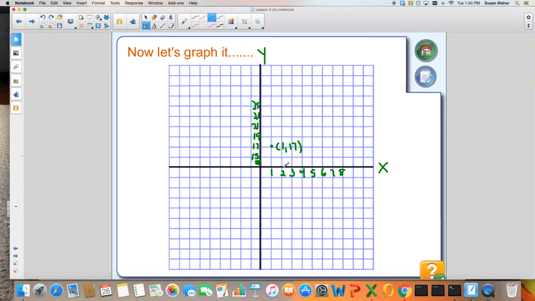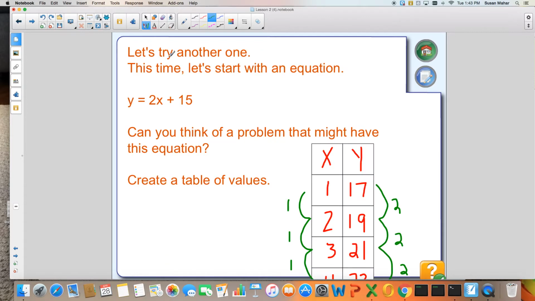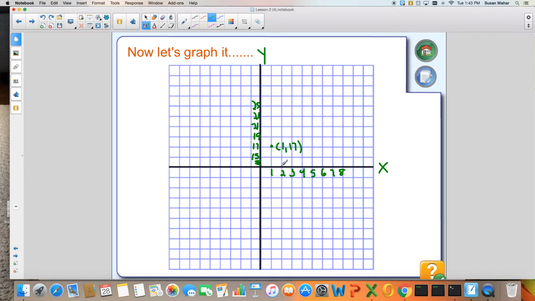My next was 2 and 19. Just going to go back and show you. 2 and 19. So I'm going to go over to 2 and up to 19. And then I had 3 and 21, which would be like this. And I had 4 and 23.